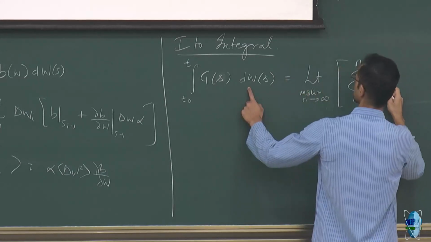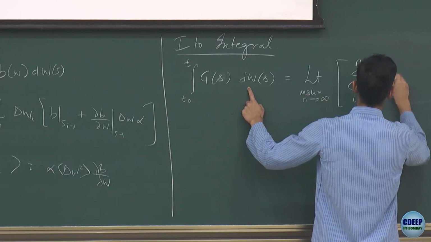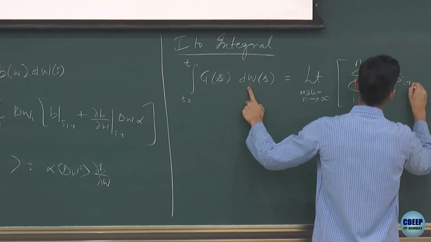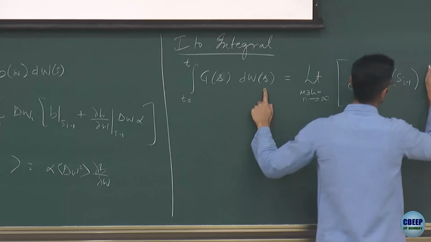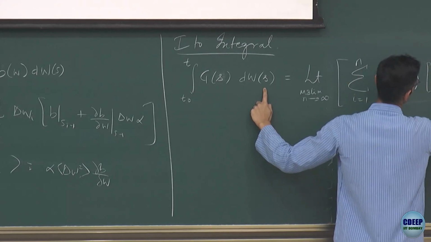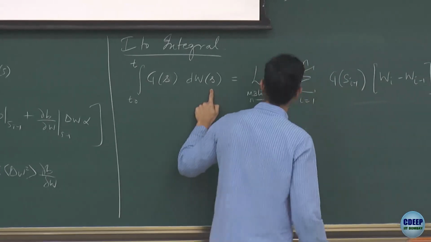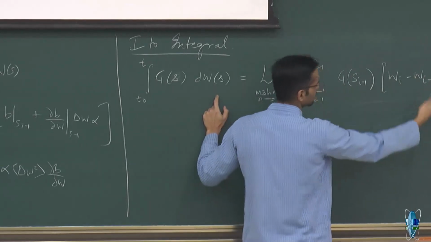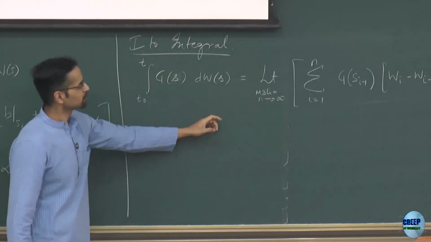And then I discretize this, so it's going to be G at S evaluated at i minus 1, like I said, at the beginning of the interval, times delta W_i, which is W_i minus W_{i-1}, or W at S_i and W at S_{i-1}, same thing.